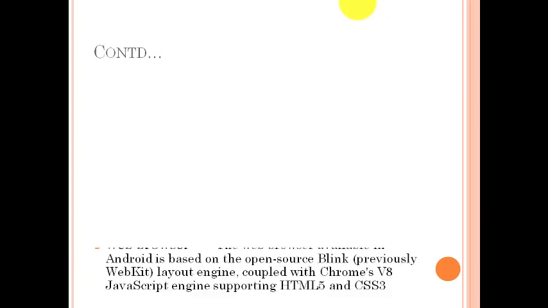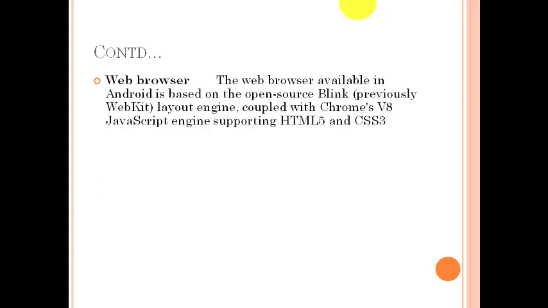Now, the next feature is the web browser. As we can use a web browser in laptops or computer systems, it is also possible to use a web browser in Android. The web browser is used for searching content or data on the internet.